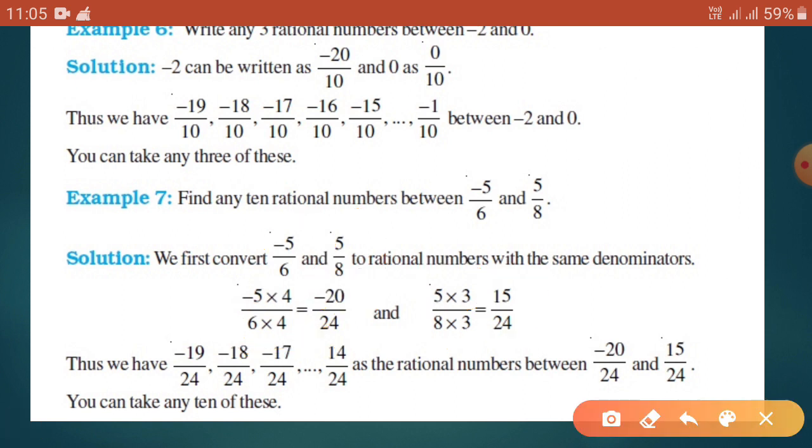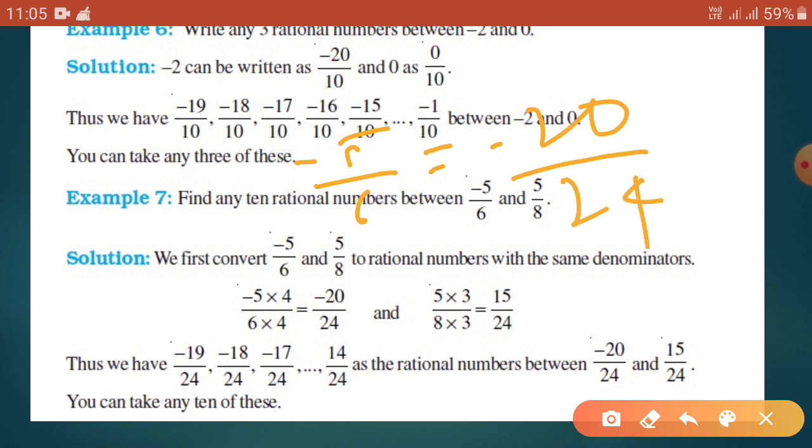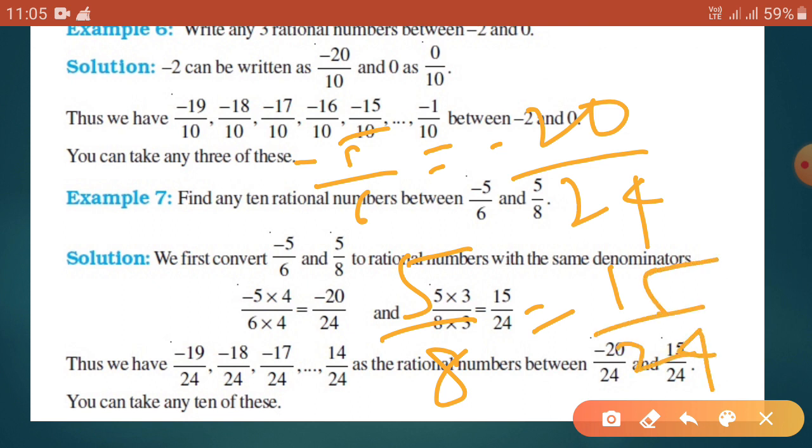So after changing the denominators, minus 5 by 6 becomes minus 20 by 24 and 5 by 8 becomes 15 by 24.